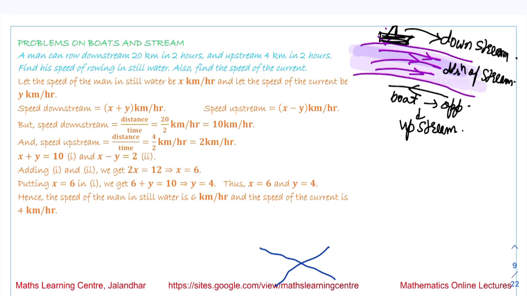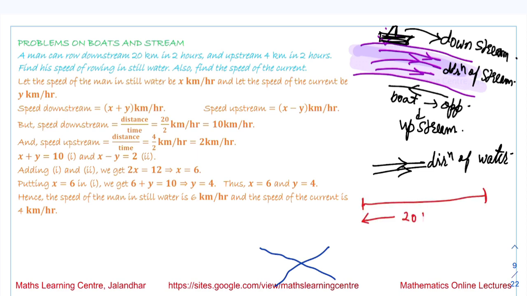So it is given that a man can row downstream 20 kilometers in 2 hours, when he is moving in the direction of water.